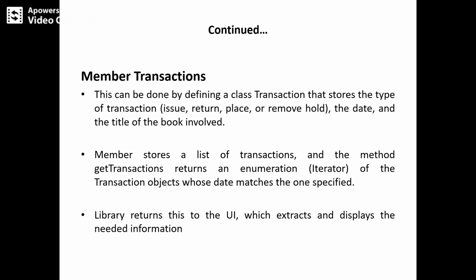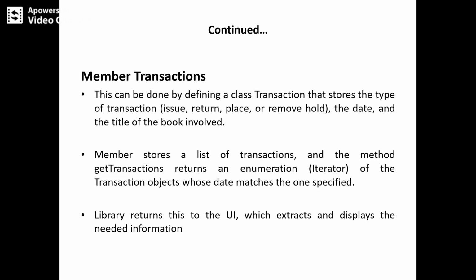The user, the customer, or the student can specify the particular member transactions for their own transactions, which are in the enumeration or iterator of the transaction object, where the date has to be specified.